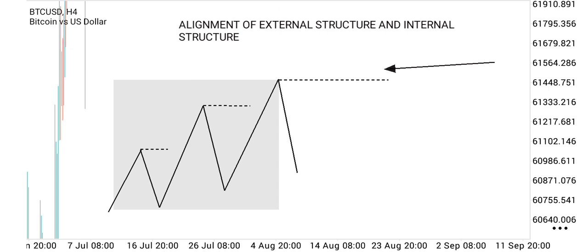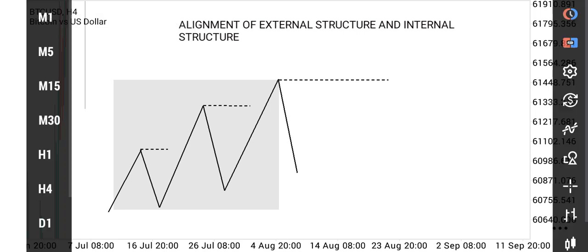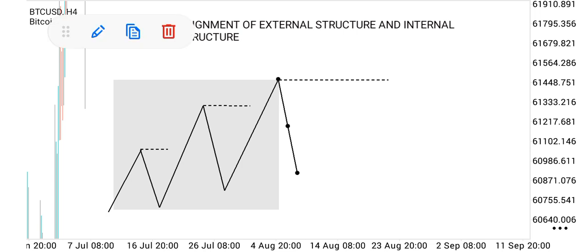Let's say we observe something on a lower time frame. Let's say the lower time frame gives us a change of character. And how will you spot your change of character? Just pay attention.